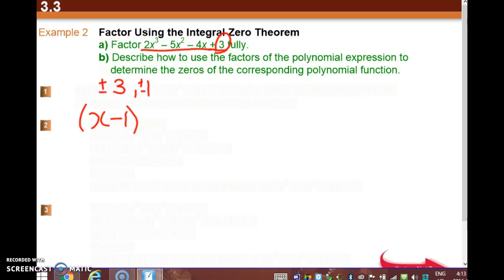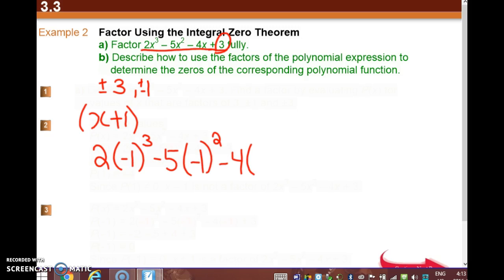So let's just try the next easiest one. What if we try x plus 1? So that means we put minus 1 into the equation for every x we have. Okay, so minus 1 cubed is a minus 1 times 2 is a minus 2. Minus 1 squared is a positive 1 times minus 5 is minus 5.